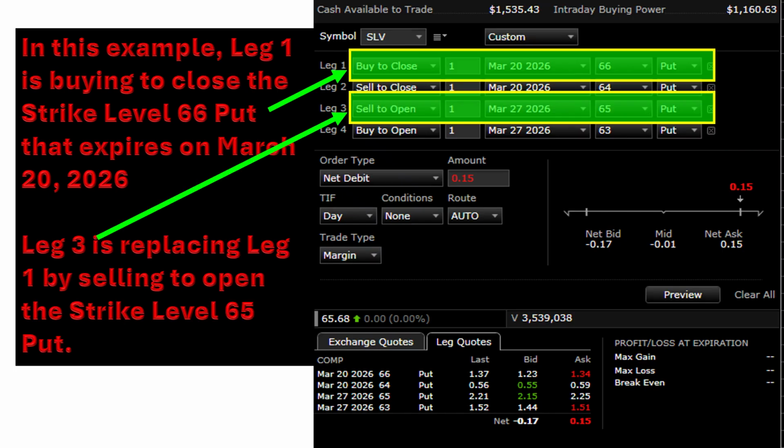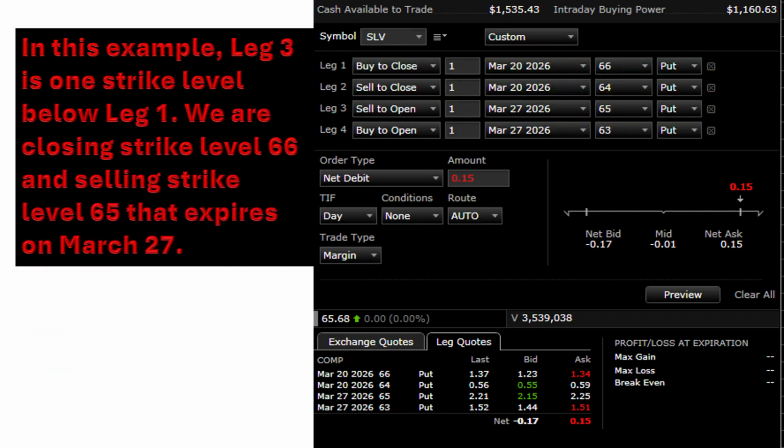Leg 3 is replacing leg 1 by selling to open the strike level 65 put. In this example, leg 3 is 1 strike level below leg 1. We are closing strike level 66 and selling strike level 65 that expires on March 27.